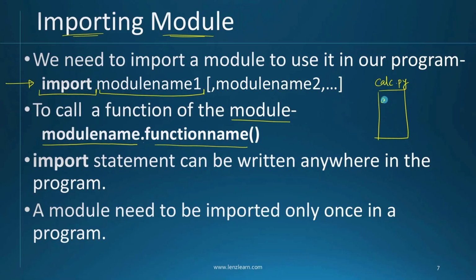Inside this module, if I define a function called add, which will accept 2 numbers and print the sum of those 2 numbers, and I want to access this function add defined inside the module calc.py, then in my program I have to write calc.add. Inside the brackets you can specify the 2 numbers that you want to add. That is why I told you to give the module name dot function name, and that is how you can access a function which is defined in a module. Now the import statement can be written anywhere in the program.